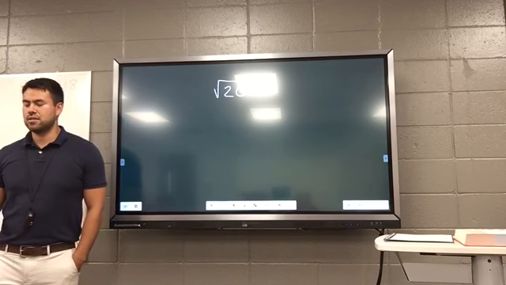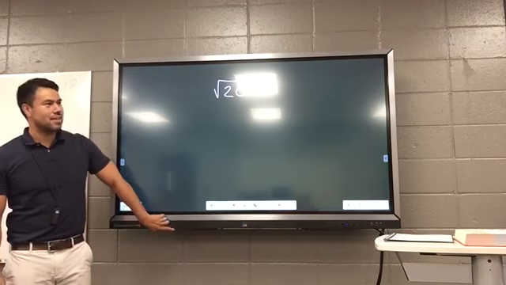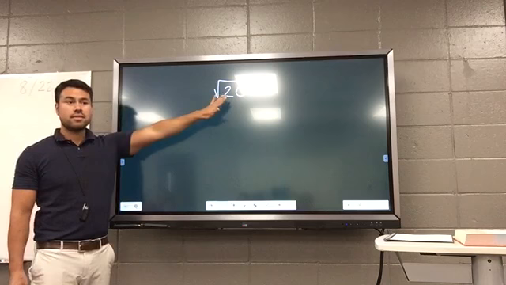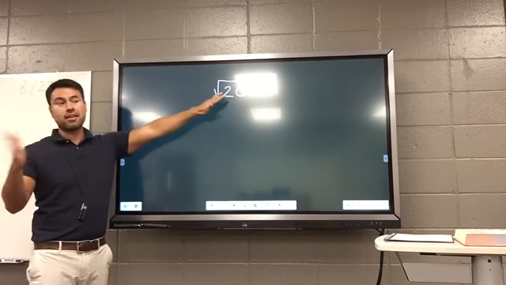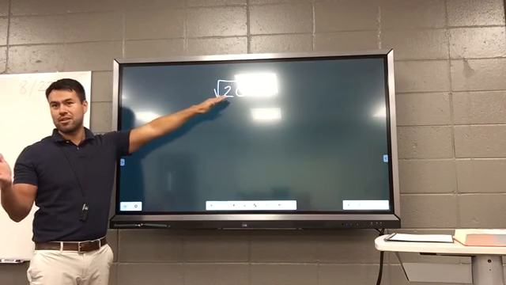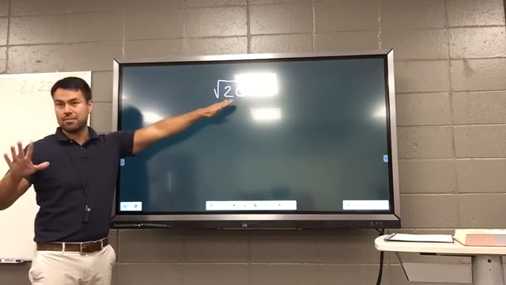Error. Cannot find it. This number right here is a number I can find on a calculator, but I'm not allowing you to find it on your calculator. I want you to be able to do it up here and get very close to it. Not exact, but very close to it.